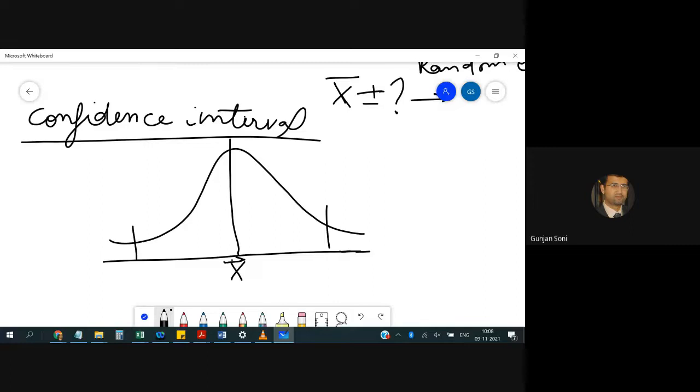So with how much confidence can I say that the variation I'm proposing will hold? Let me define it: confidence interval defines the precision uncertainty.